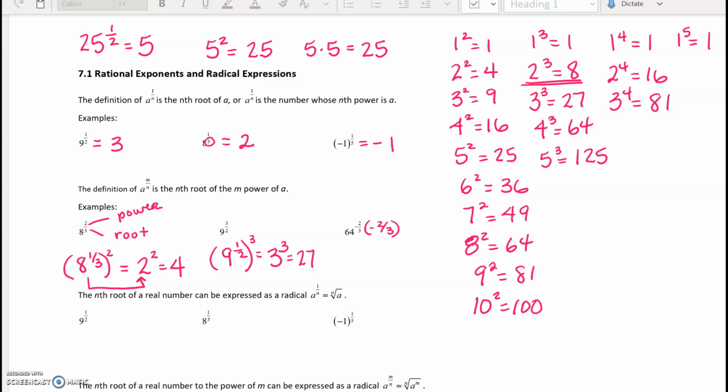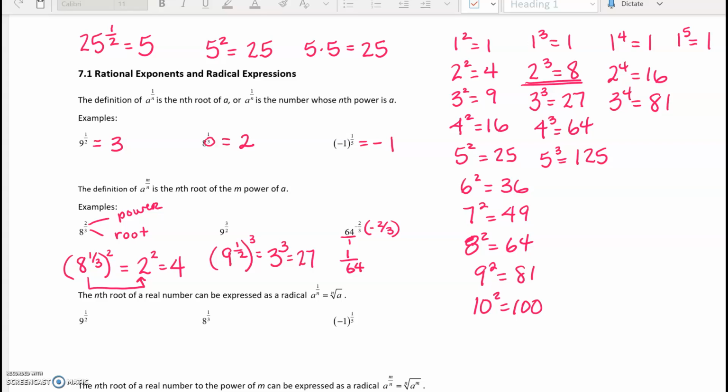Let's talk about what a negative exponent does. A negative exponent does not make the base negative. It takes and makes the reciprocal. So we can think of this as 64 over 1. So the first thing I'm going to do is write this as 1 over 64.